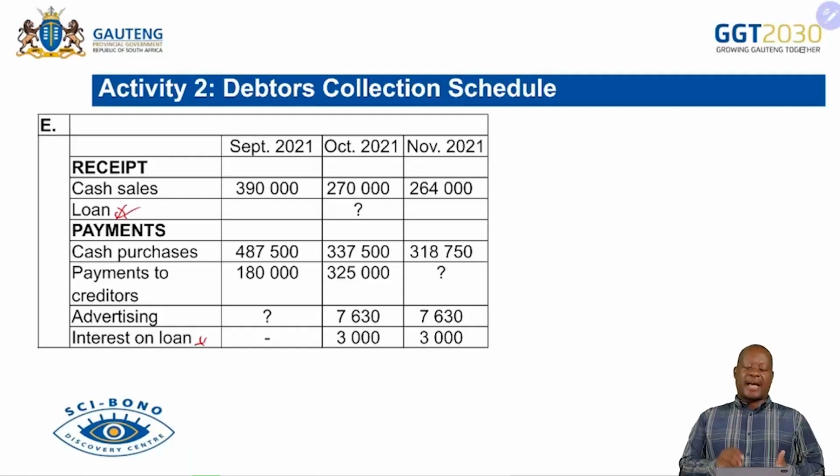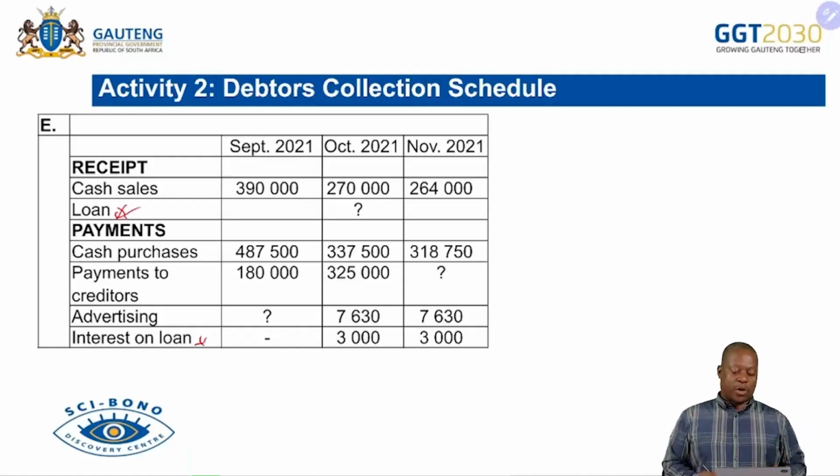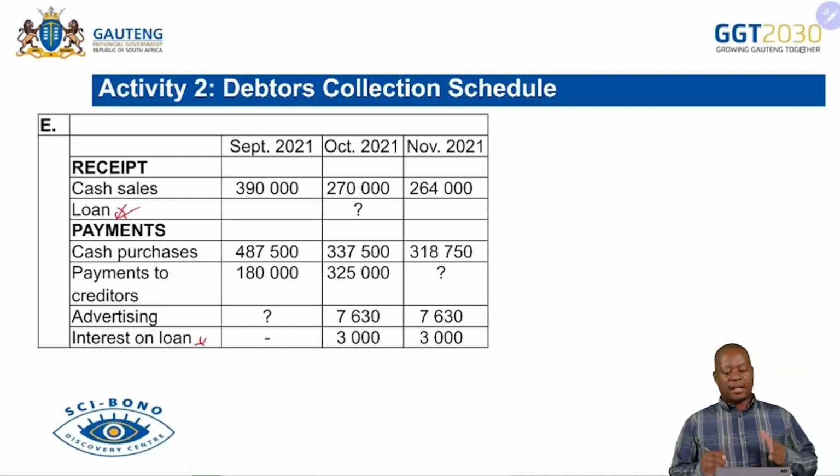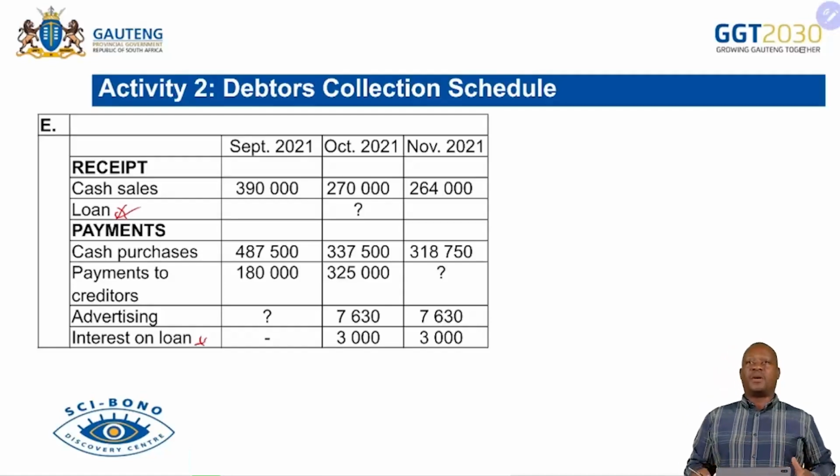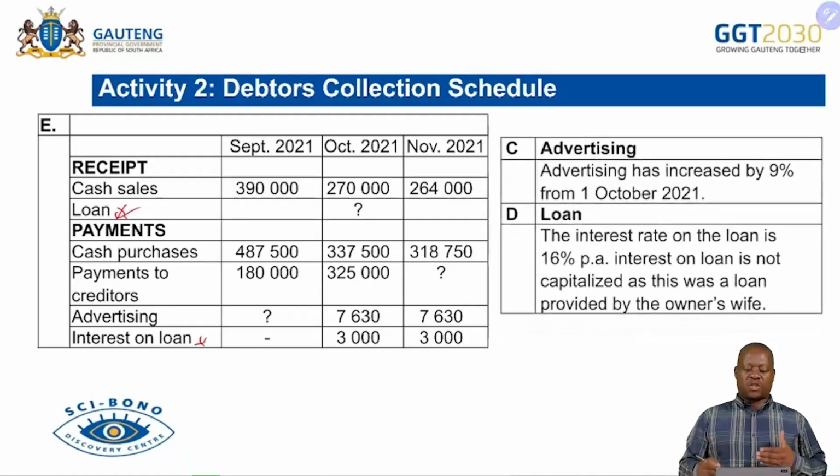Payments to creditors for the month of November, we are going to find that. That is where that information that I said about buying is going to help us. And then there is also a question mark on advertising. So we are going to need this information to answer the questions that follow.